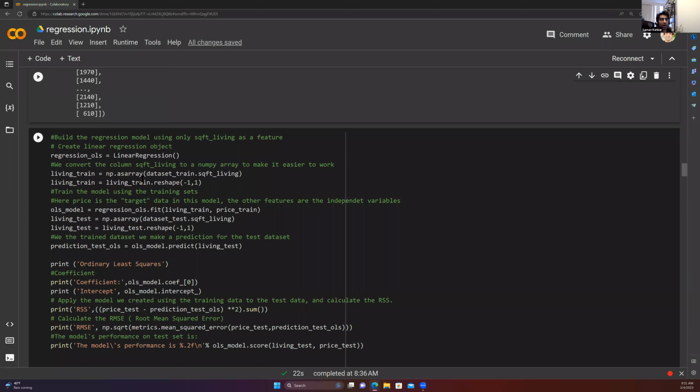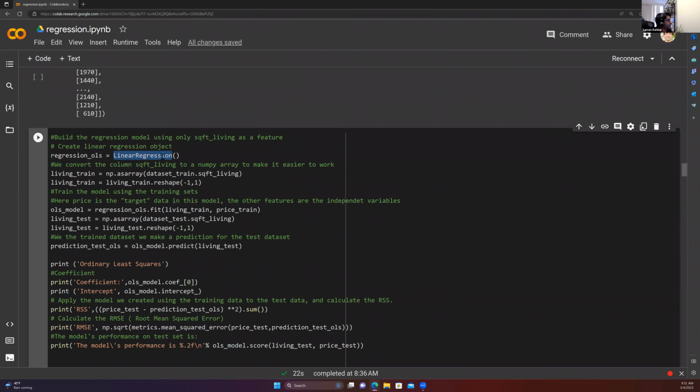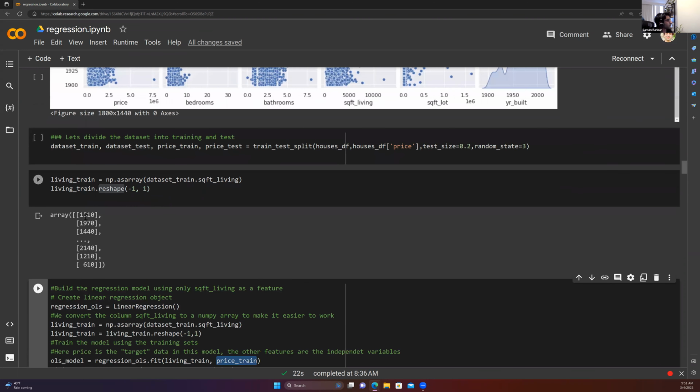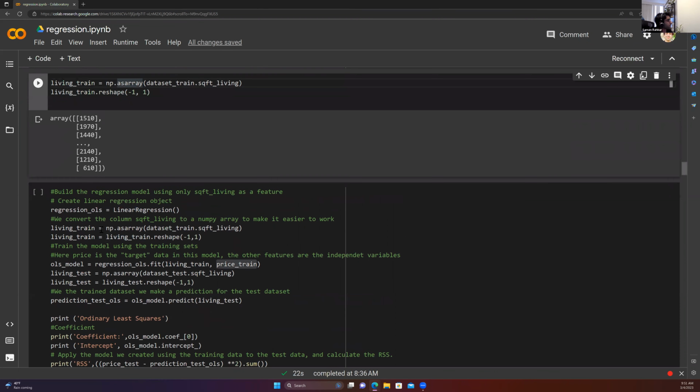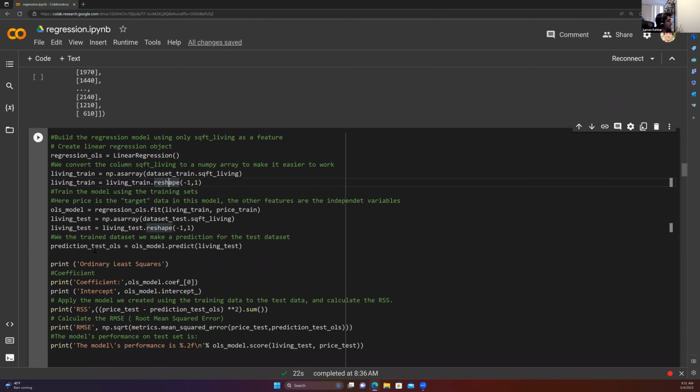So I was talking about scikit-learn and how, again, it gives you the flexibility to use different models. Here we use linear regression, and we apply this linear regression model on the train sets that we had. And I try to test the performance based on the test sets.